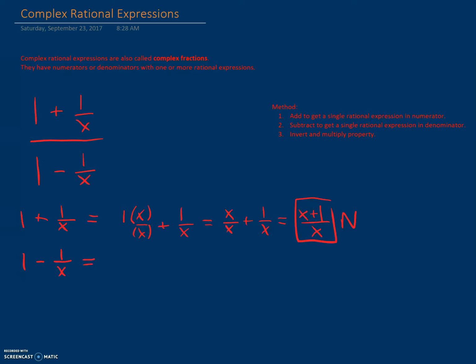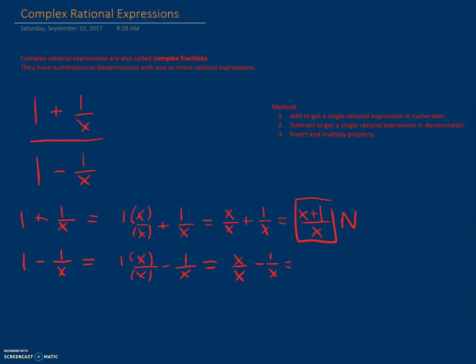This is our denominator. Same idea. 1 times x over x minus 1 over x equals x over x, and then minus 1 over x.